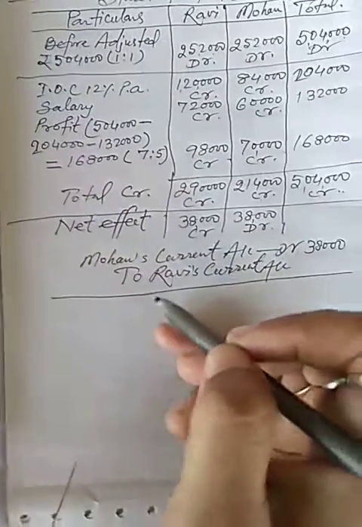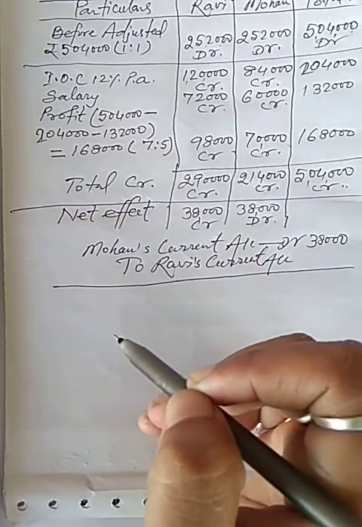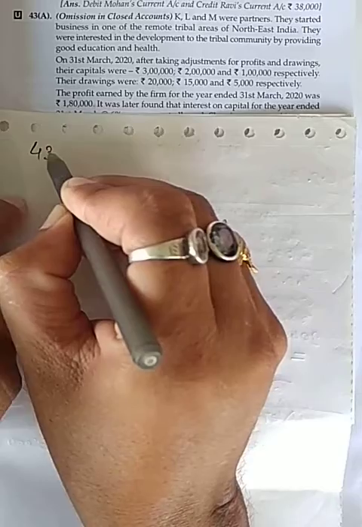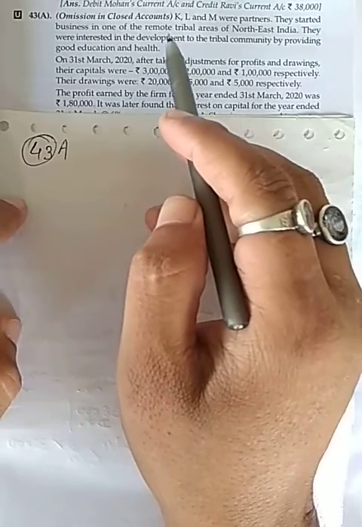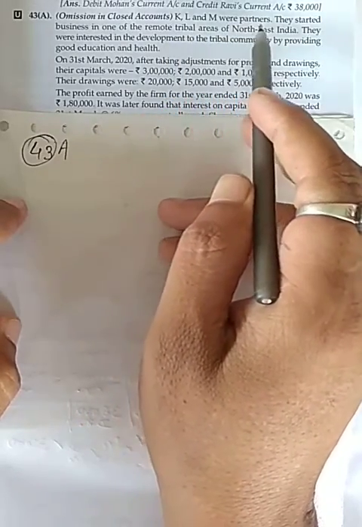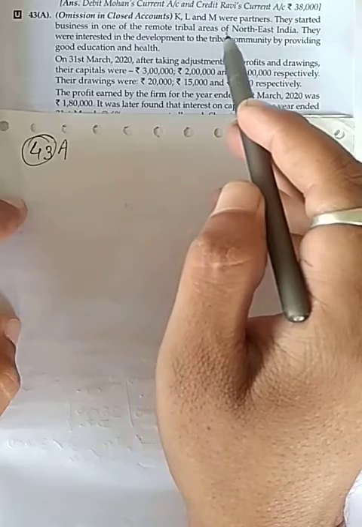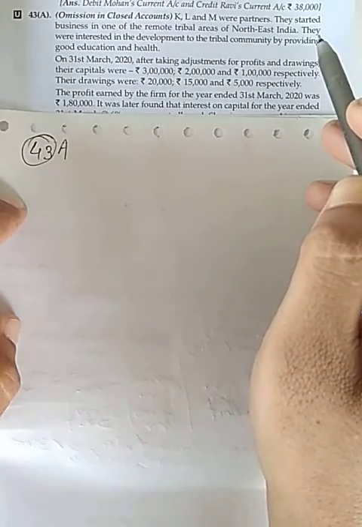Now student, I am going to solve the next question, question number 43A. The question says K, L and M were partners. They started business in one of the remote tribal areas of northeast India.